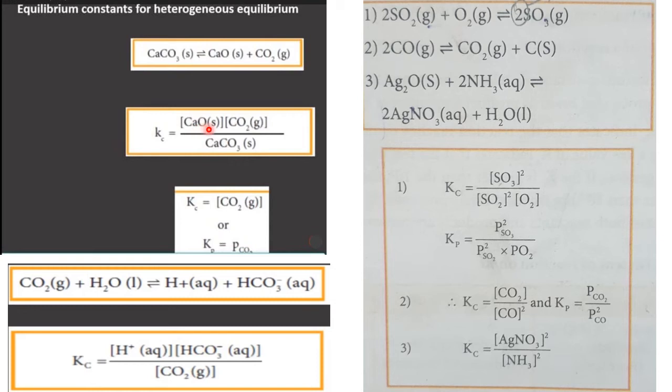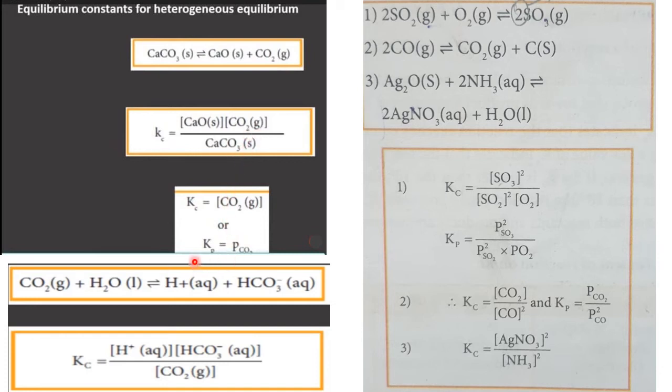Whenever pure solids are taken in a reaction, the concentrations are considered to be constant or 1. Here, calcium oxide and calcium carbonate are pure solids, so we can neglect these two values because they are kept constant. So for pure solids, we get Kc is equal to the concentration of CO2.